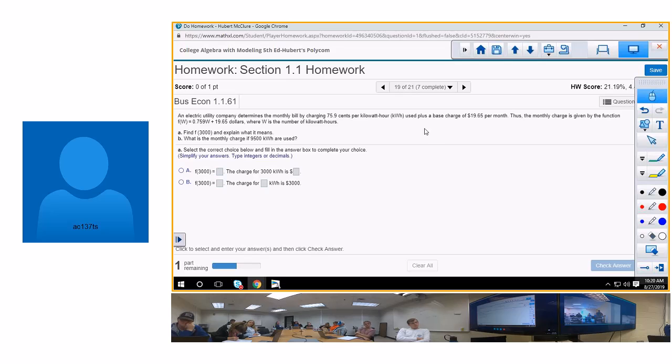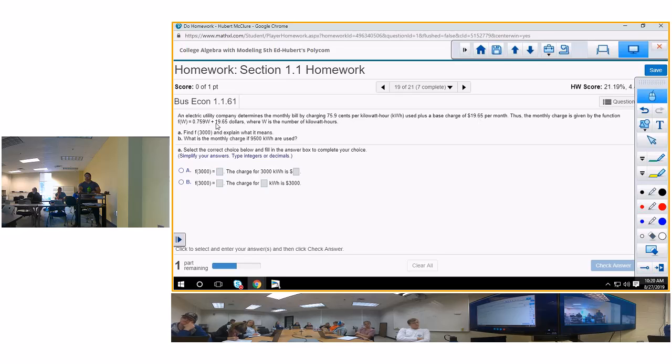You use plus a basic charge of 19, which is in this formula right here. Thus, the monthly charge is given by the formula, blah, blah, blah, where W is the number of kilowatt hours. So, plug in 3,000 into that formula.